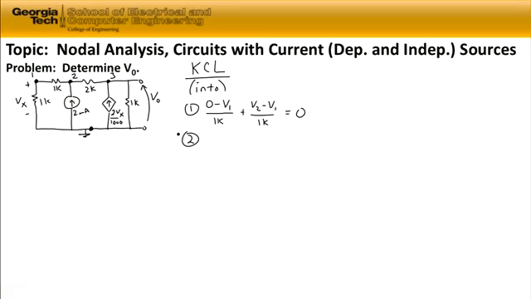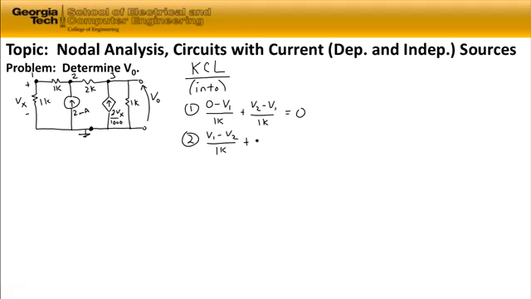Our second equation is for node 2 in the center of the circuit. Again, summing the currents into node 2, looking first at the 1 kilo ohm resistor at the top, the current flowing into node 2 originates at node 1, so it's V1 minus V2 divided by 1 kilo ohm. We also have the current flowing up through the 2 milliamp source into node 2.